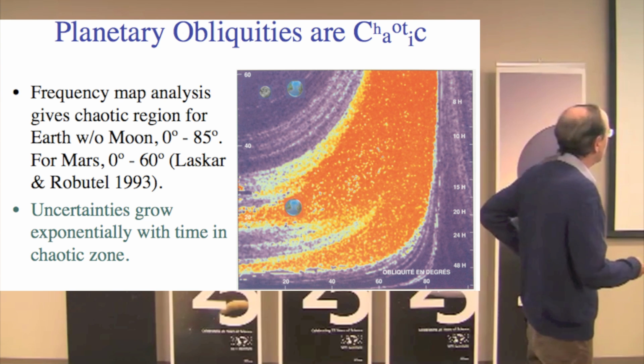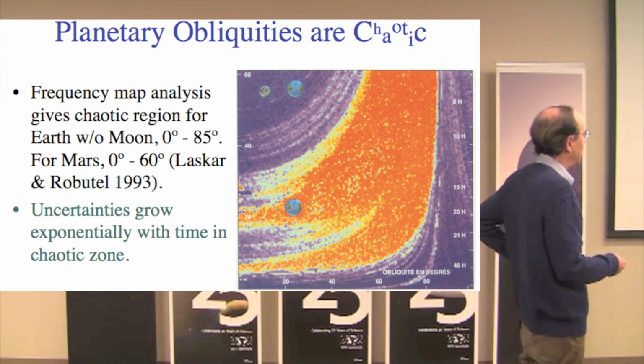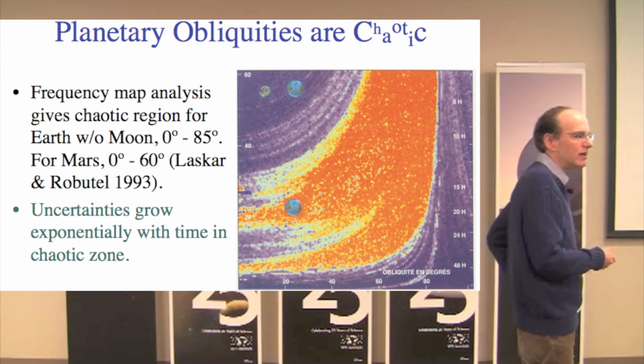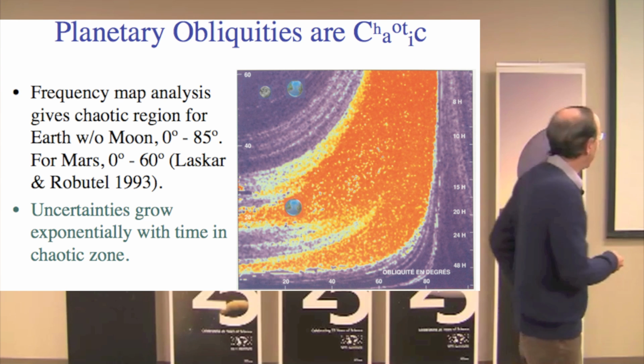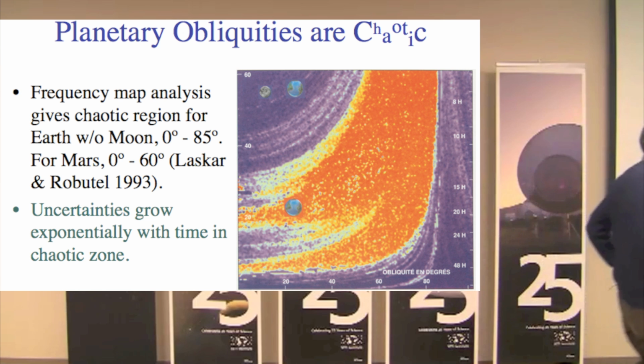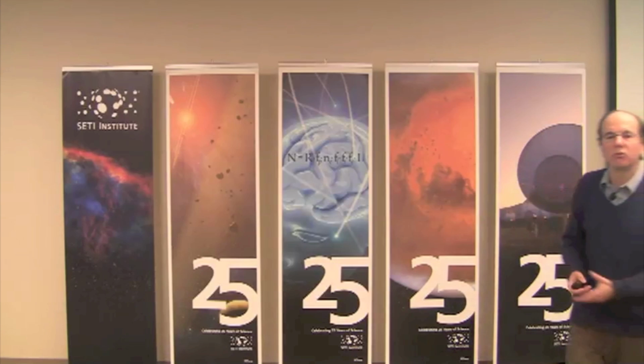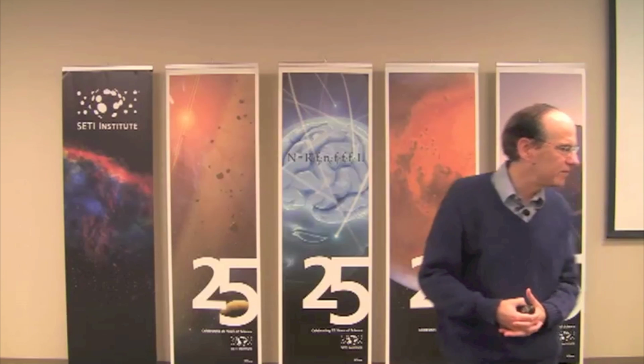That the Earth, at its current rotation rate, without the moon, could vary over a huge range in obliquity. And if you tried to predict going forward in time, you'd have these uncertainties which would grow exponentially in time.